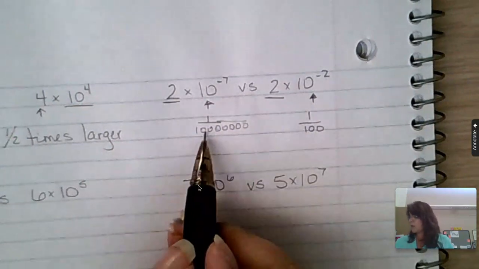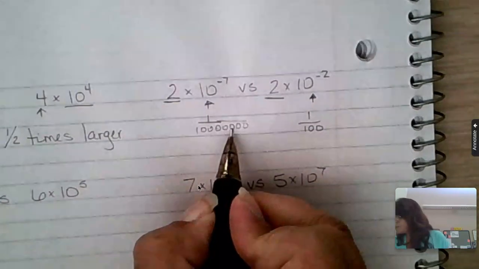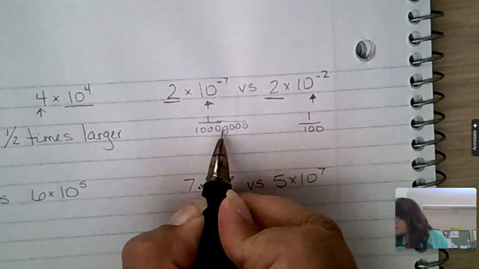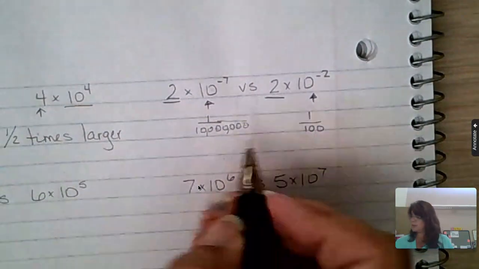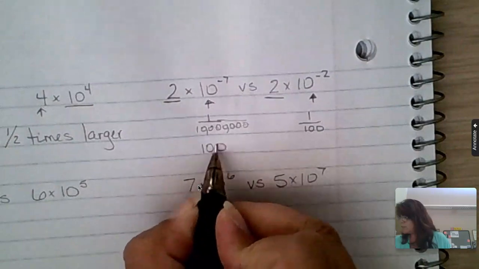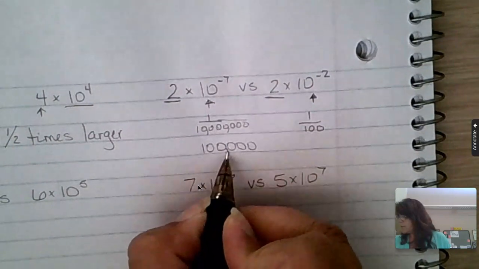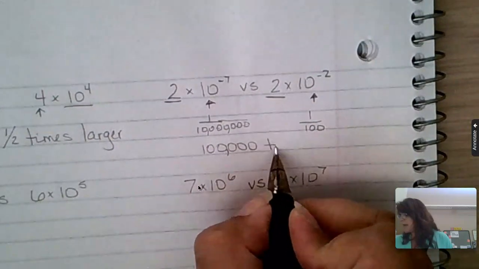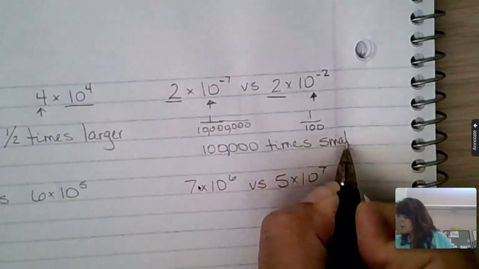How much smaller? Well, what is 10 million divided by 100? $100,000 times smaller.